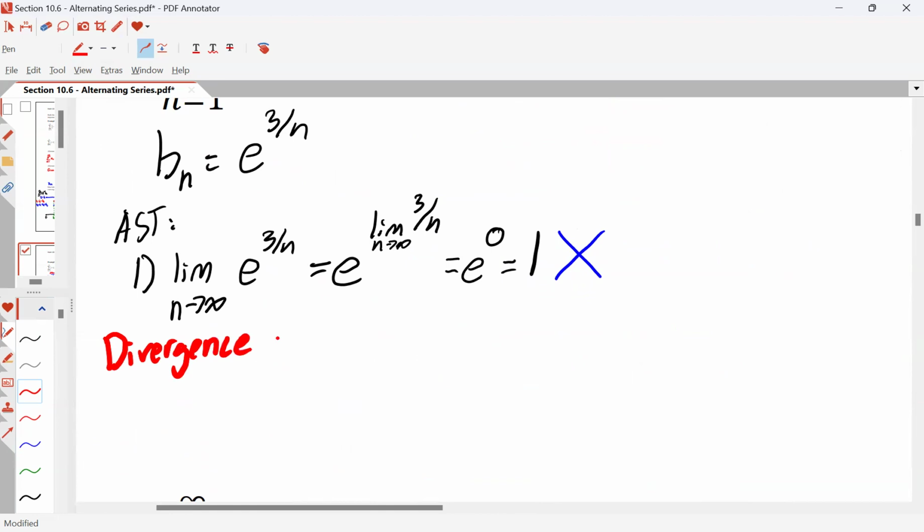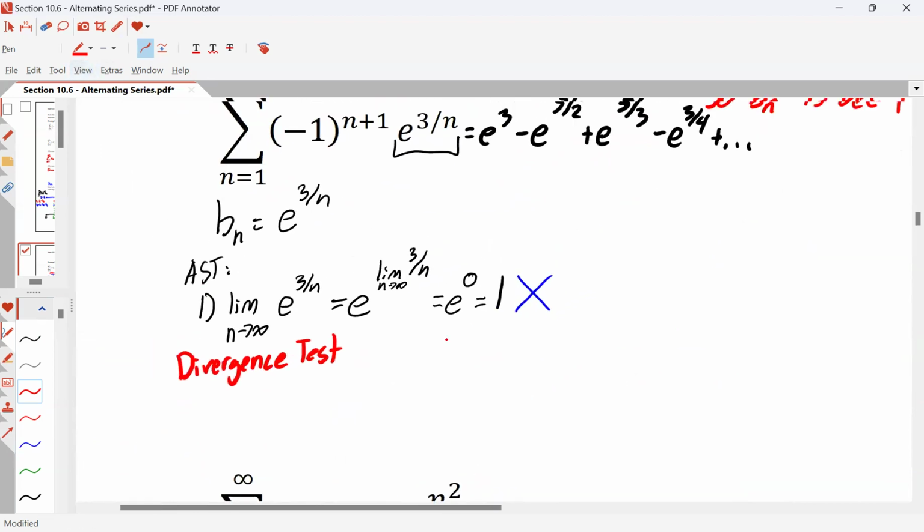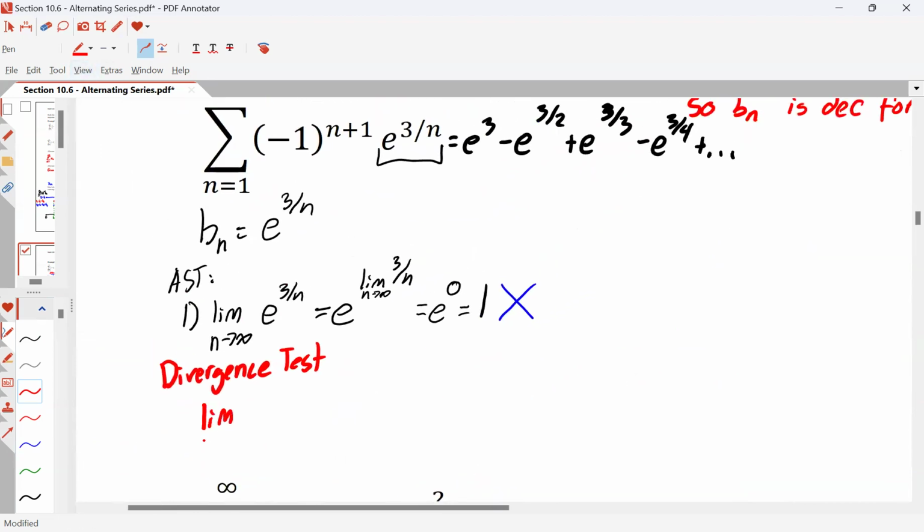And the divergence test tells us to look at the limit as n goes to infinity of the whole sequence, so with the alternating part. However, what this alternating part is doing is just switching the sign between negative and positive. We know this e to the 3 over n is going to 1.